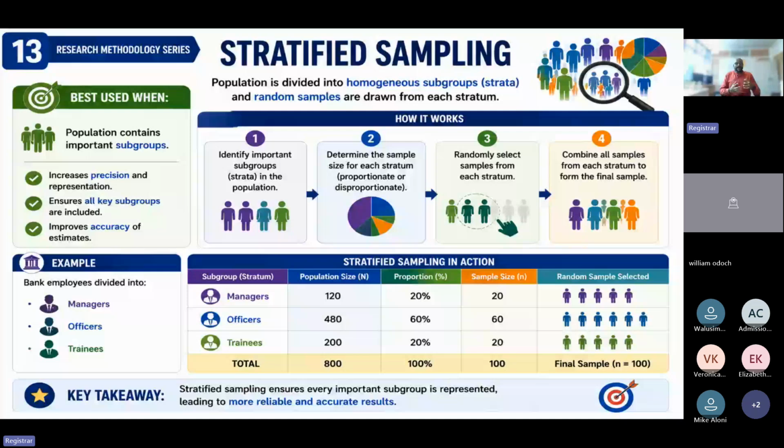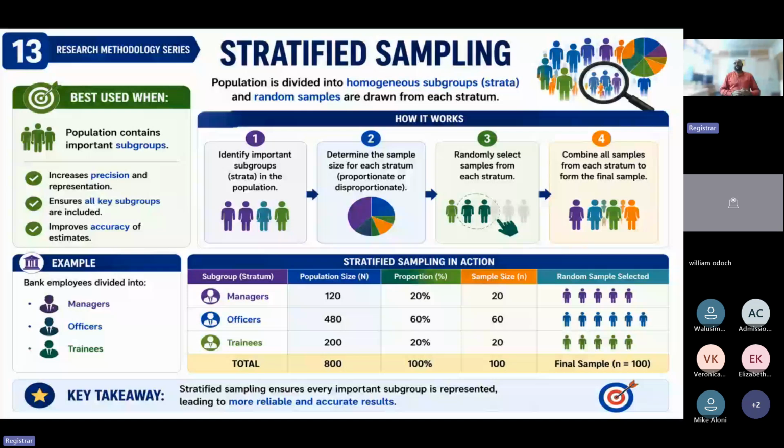So we are dividing the population under study into subgroups. Let's take the case of bank employees. We are doing a study on bank employees. We divide the employees in the bank into three levels: managers, officers, and trainees. So we get the first subgroup, which we call the stratum.